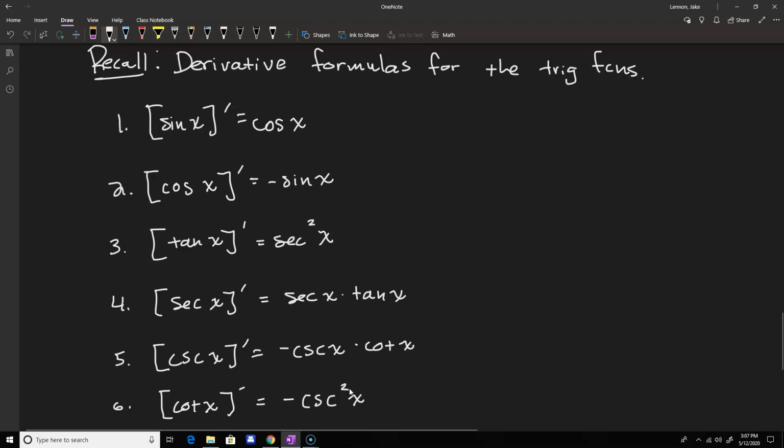So for each one of these, we can associate an antiderivative formula. Basically, if you take the integral of the result, you will get the thing that you were taking the derivative of. So let's see how we can rewrite that to get some antiderivative formulas. If we took the integral of the cosine of x, we now know that that is going to be the sine of x plus a constant.